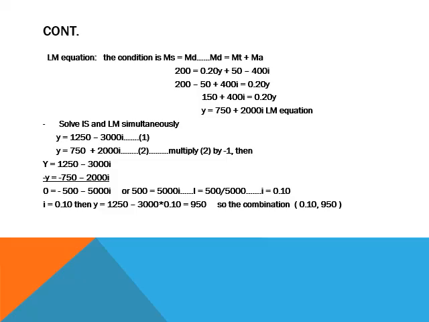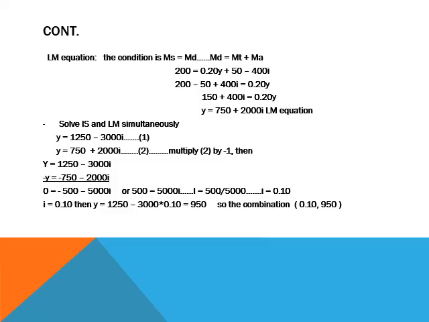So y equals 1250 minus 3000 multiplied by 0.10 or 10%. The result is 950. So the combination is 0.10 interest rate and 950 is income.